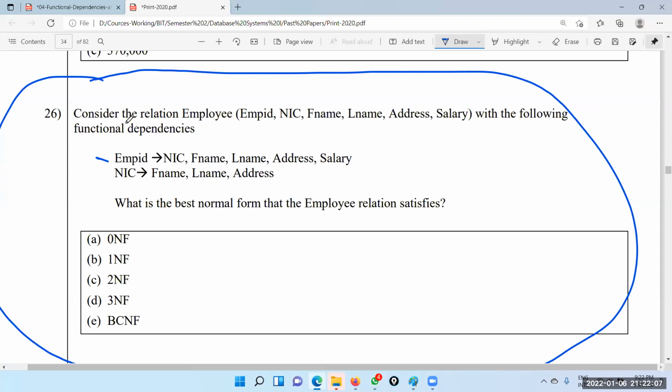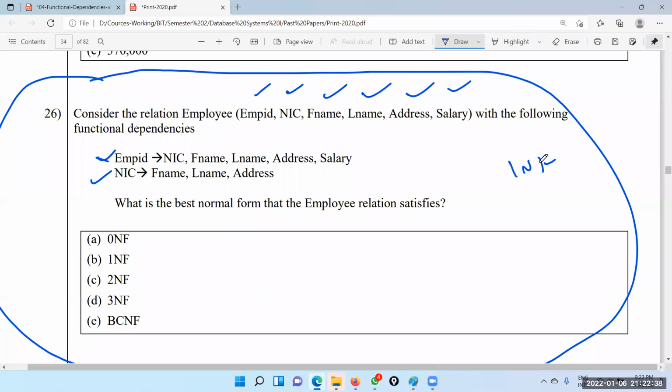Employee ID, NIC. These are not the relations, these are dependencies, okay? These are just dependencies. එක relation එකක් තියෙනවා. බලන්න ඉතින් atomic ද කියලා. Employee ID, that is fine. NIC, fine. First name, fine. Last name, fine. Address, fine. Salary, fine. That means it's in 1NF.